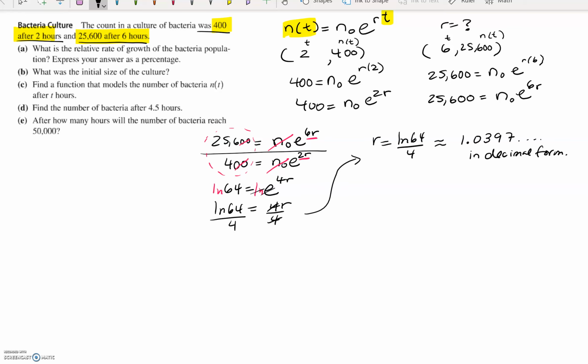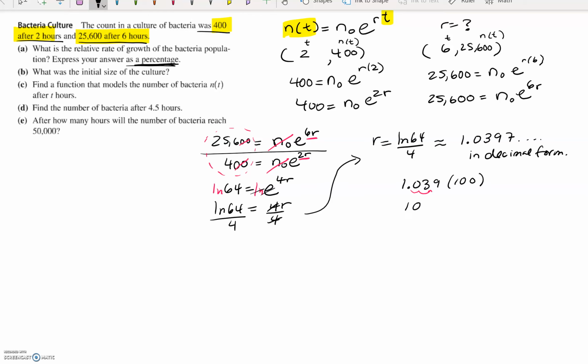Remember, whenever you do math with your R, what you're getting is in decimal form. You're either getting an output in decimal form for the rate, or when you go use it inside a formula, you make sure you convert it to a decimal and put it in. So my calculator is spitting it out in decimal form, but the problem says express it as a percentage. So to change it to a percent, I have to take that decimal and multiply it by 100, and that's going to give me the final percentage increase.